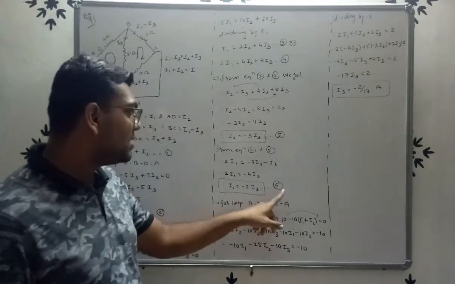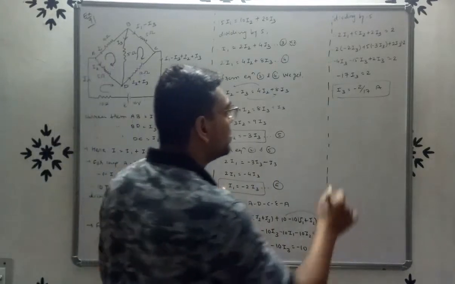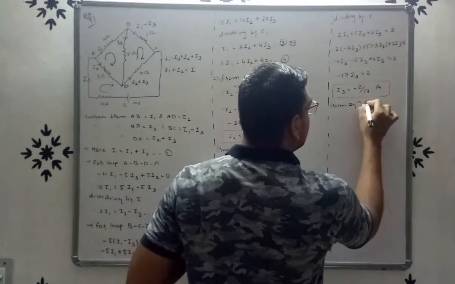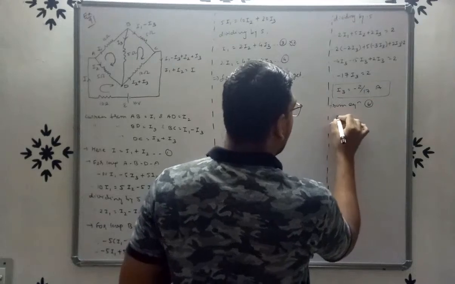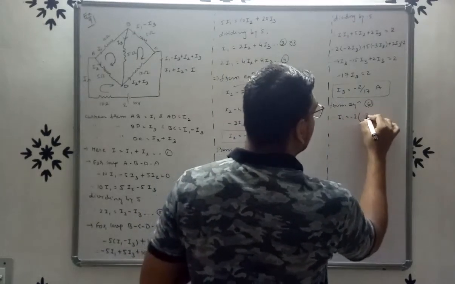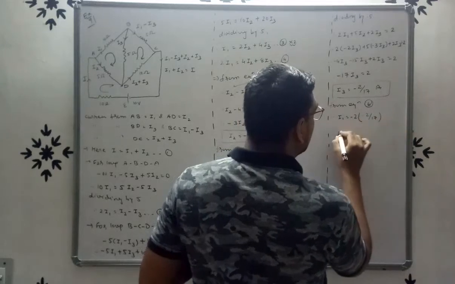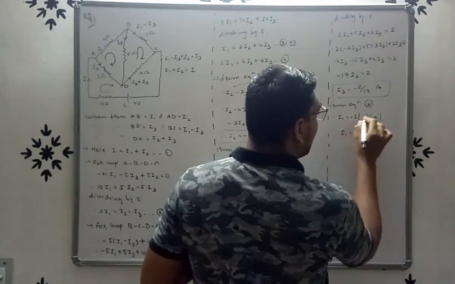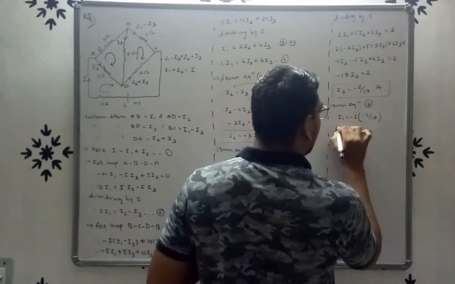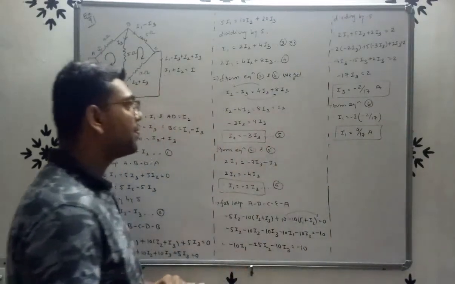So from equation 6 we can find out I1. From equation 6 what we get? I1 is equals to minus 2 into value of I3, minus 2 by 17. So we get I1 is equals to 4 by 17 ampere, right?